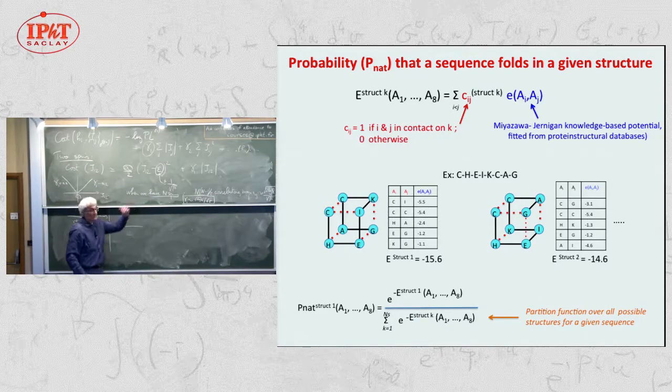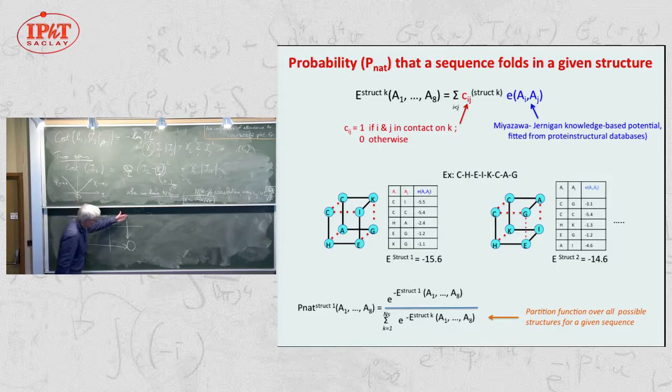Here in my very simple case where I have only 8 sites, the number of sequences would be 20 to the 8, because I can have 20 amino acids on 8 sites. The number of structures will be something; I will give you numbers for more interesting, slightly bigger cubes. And for each particular structure and each particular sequence, I have a number which is an energy which depends on the structure and the sequence.